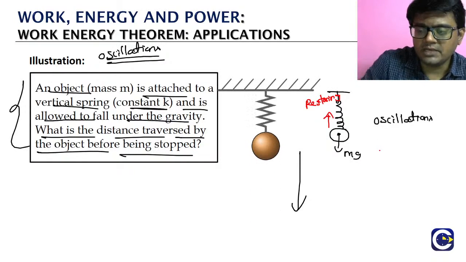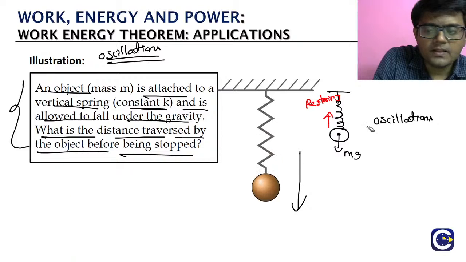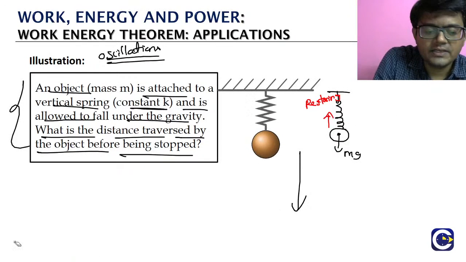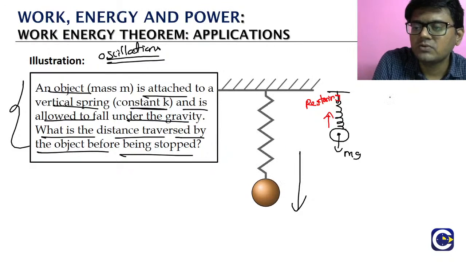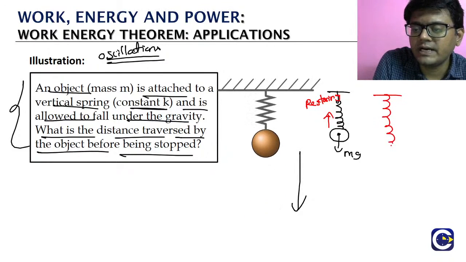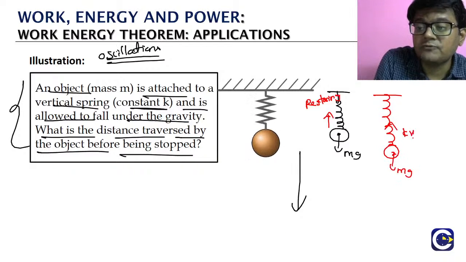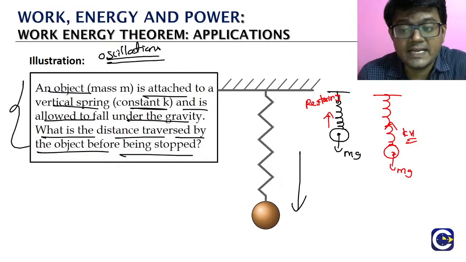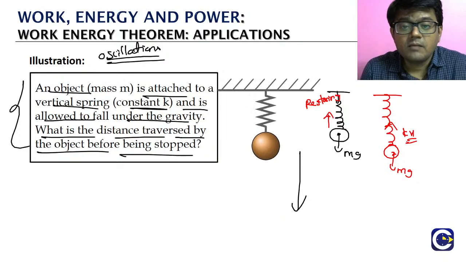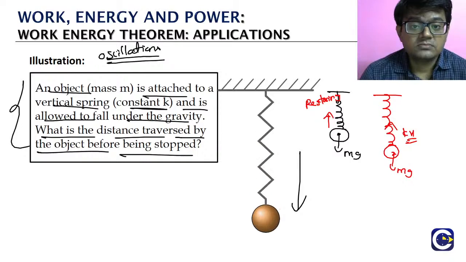After some time, what happens? We will come to a situation where the weight of the body is exactly balanced by the spring force, but the object does not stop there. Why?